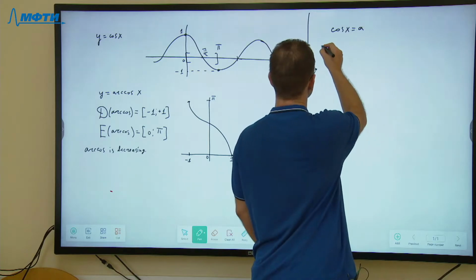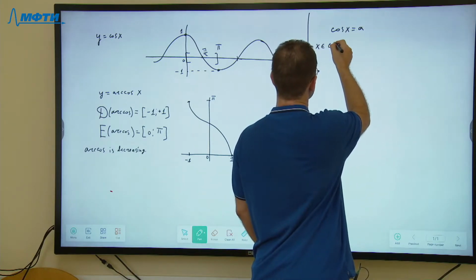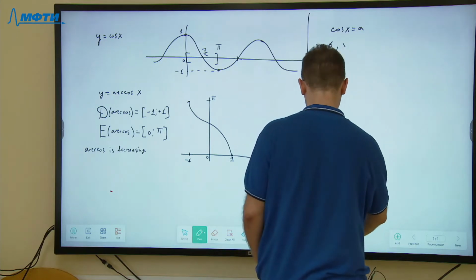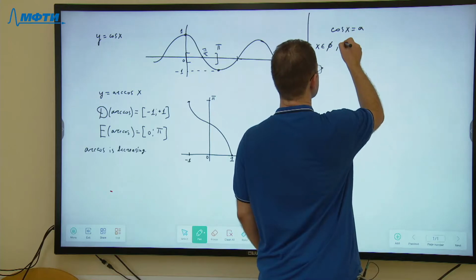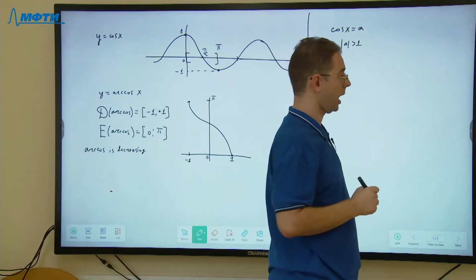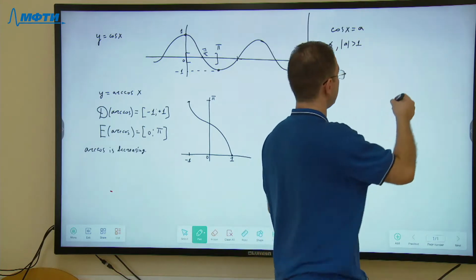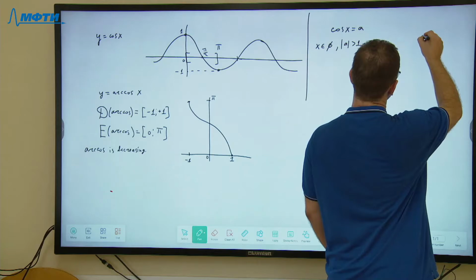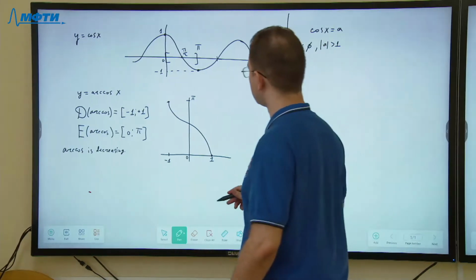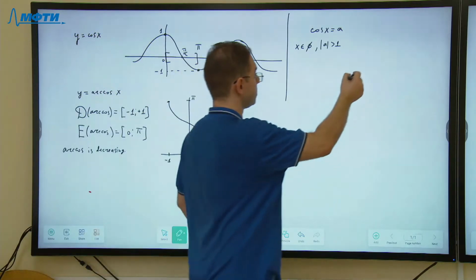So I will write down that x doesn't exist if absolute value of a is greater than 1. And if it is between -1 and 1, then basically we want to, I will do it here.